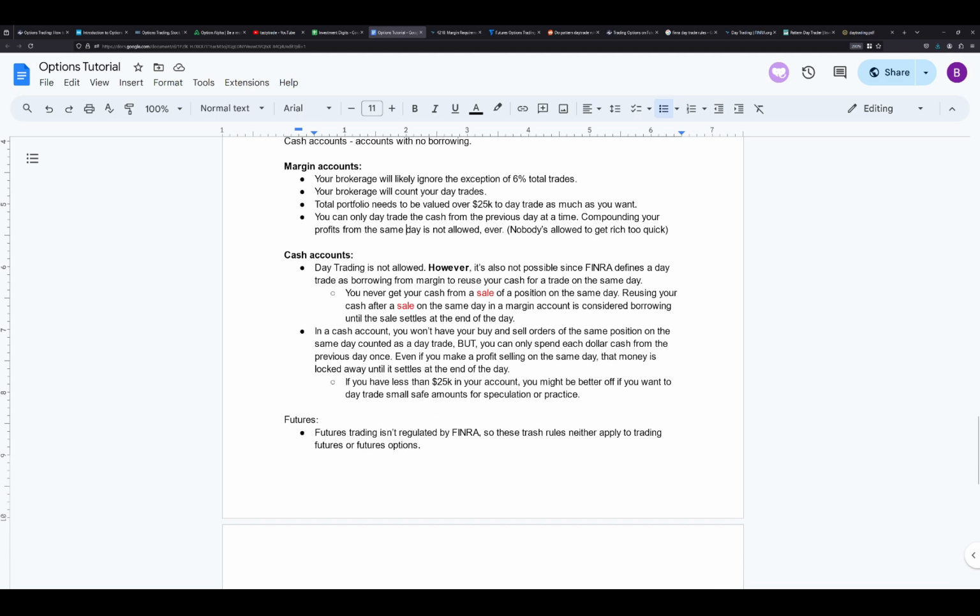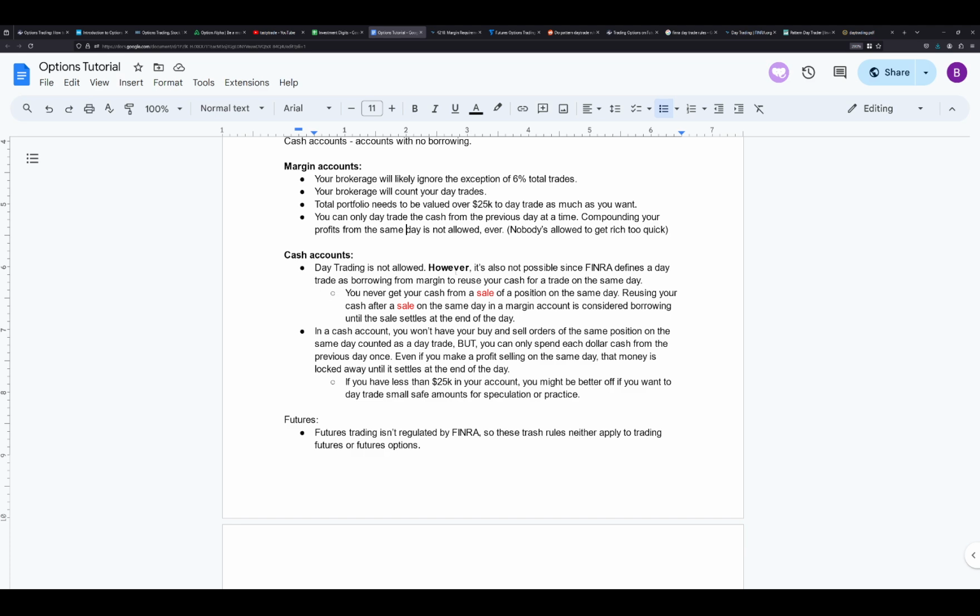As for cash accounts, in a cash account, day trading is not allowed. However, FINRA doesn't define a day trade as being something that you just buy and sell with cash. They define a day trade as borrowing from margin to reuse your cash from the same day.